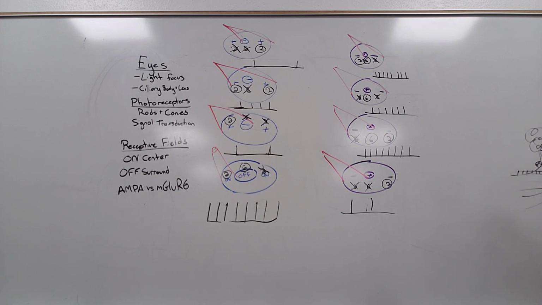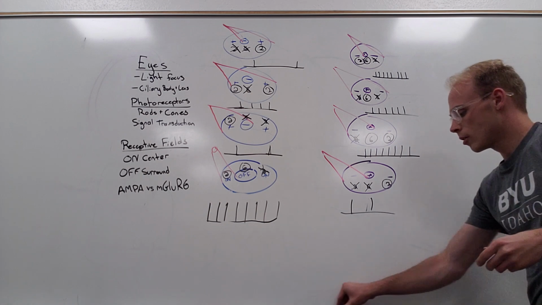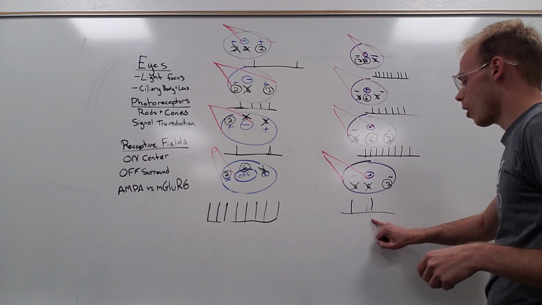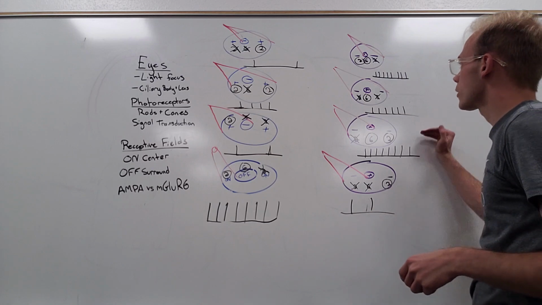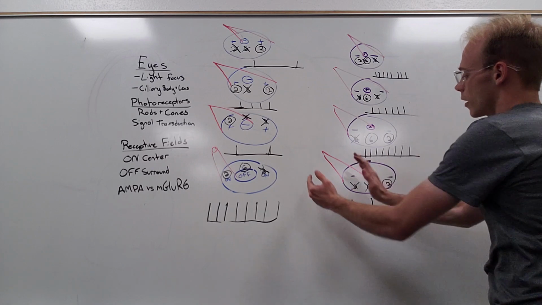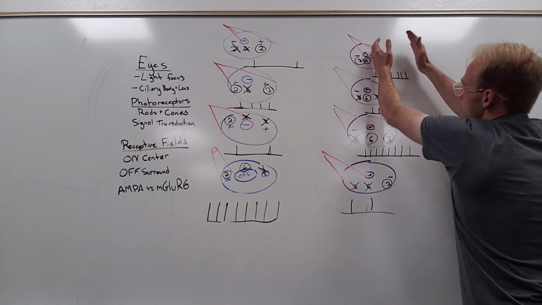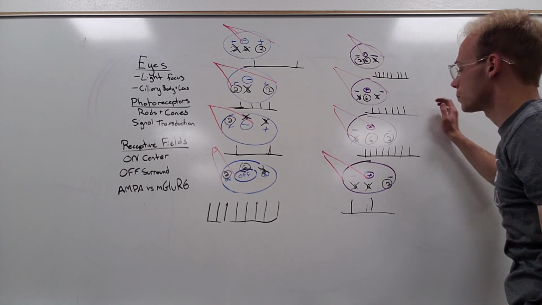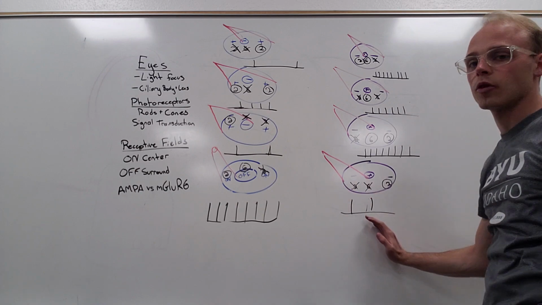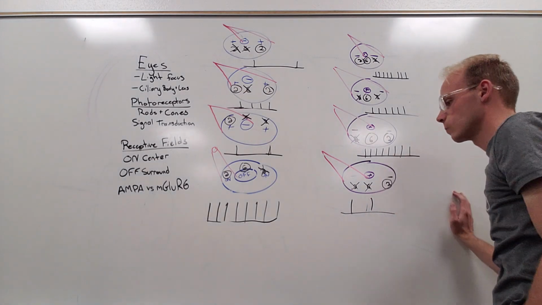And so you can see with the on center, off surround, as you increase the amount of light, as you're passing it over, you get high amounts of action potentials, and then it starts getting lower. And so again, this is also really helpful for edge detection.